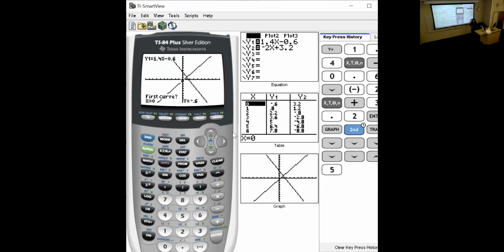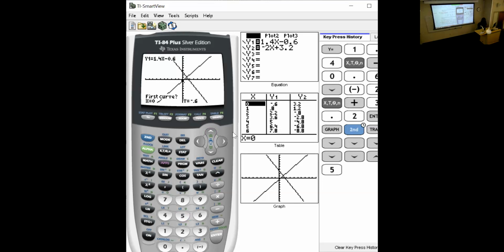What is it asking for? It's asking for the first curve, and then it's naturally going to ask for the second curve once you make the selection.